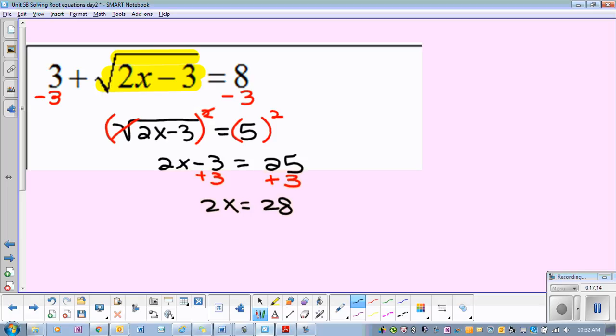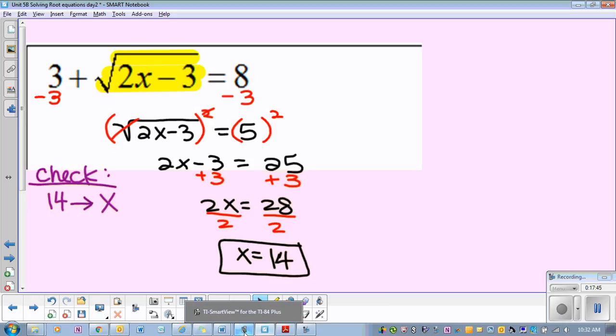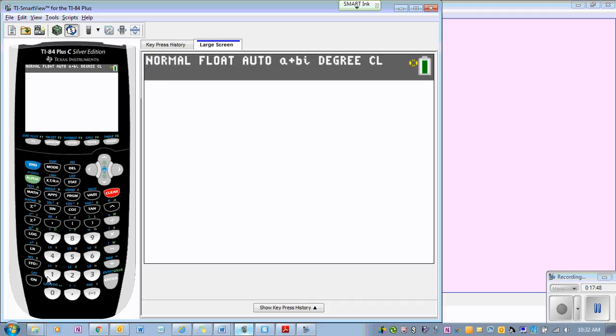Divide by 2. So what is x? What did you get? Thank you, 14. So now let's check. I'm going to put 14, store it for x. Everyone should practice putting this into the calculator so we can check. Put this in the calculator.